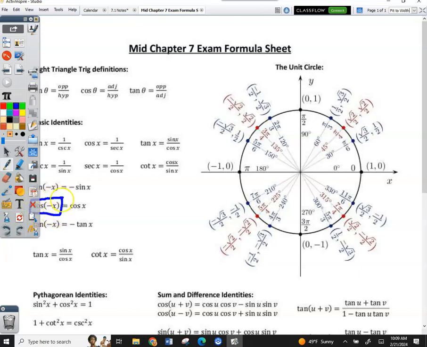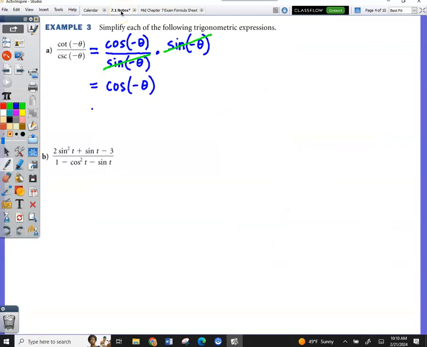Cosine of a negative angle can be rewritten as the cosine of the positive angle. You see how to read this? So this cosine of negative theta can be rewritten as cosine of theta. Is that only with cosine? Yes. If you look at your formula sheet, sine is different.